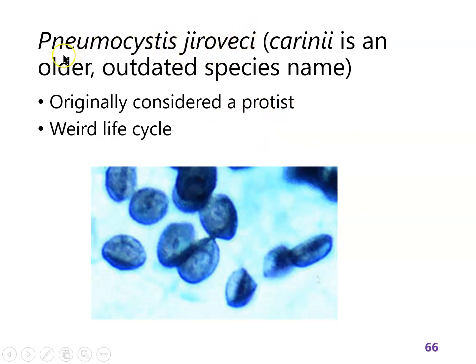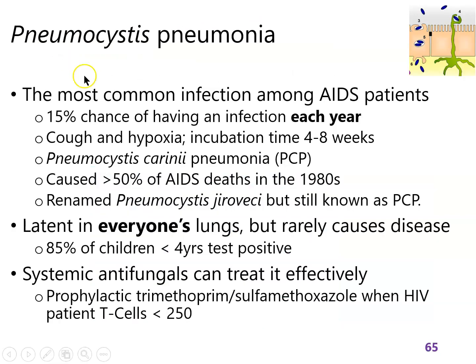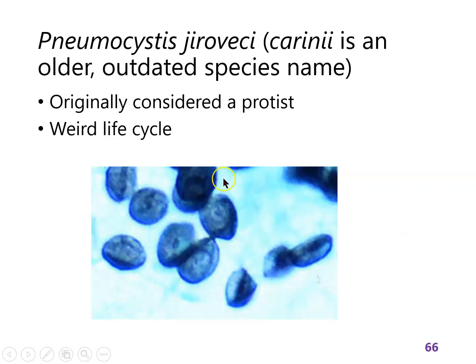So what you'll see, I think on the previous slide I had that, PCP, Pneumocystis carinii pneumonia. Well, it's been renamed Pneumocystis jirovecii, I don't know how they pronounce that, but clinicians still call it PCP for short.